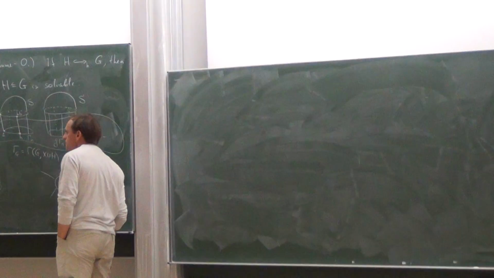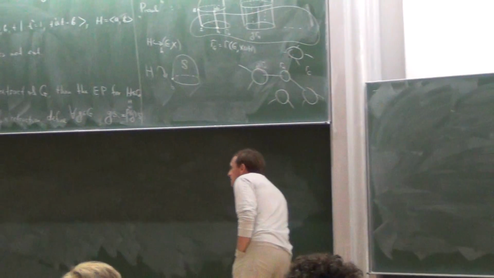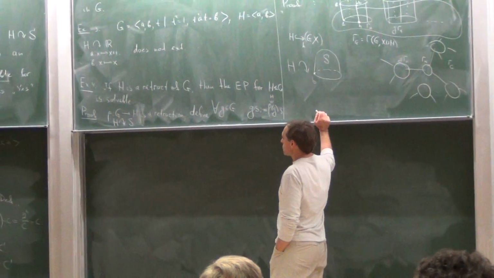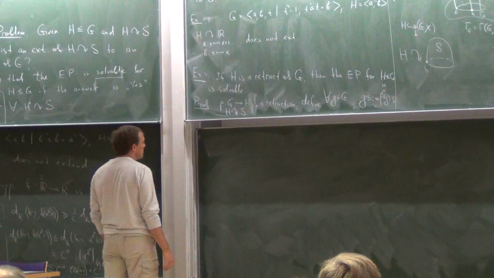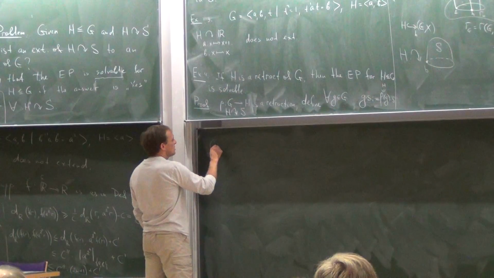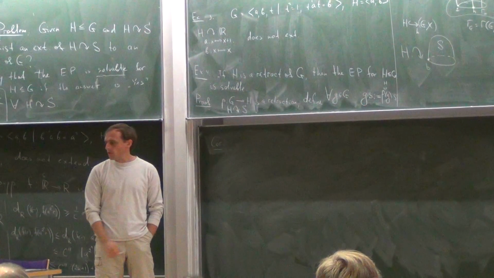Okay, well, how good is this theorem? How general is this class of hyperbolically embedded subgroups among the subgroups with solvable extension problem? Quite general. For example, we can prove the following corollary for hyperbolic groups.